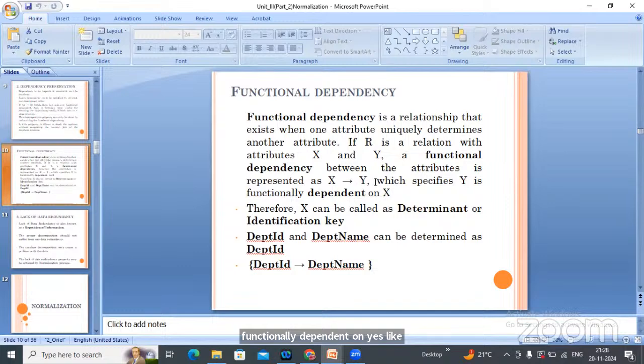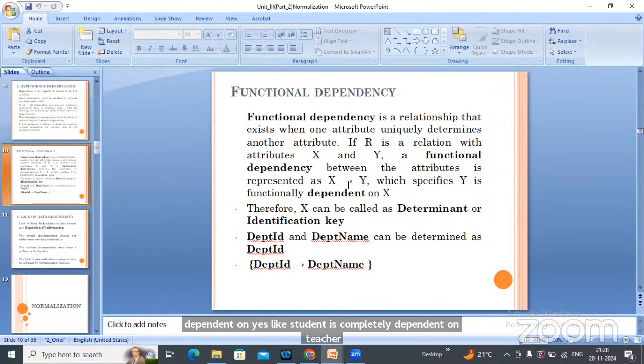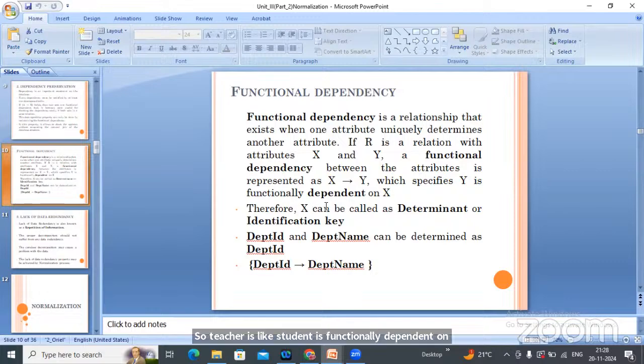So here X is called a determinant. Student is called a determinant or identification key. Whereas teacher can be defined as the functional dependency, right?